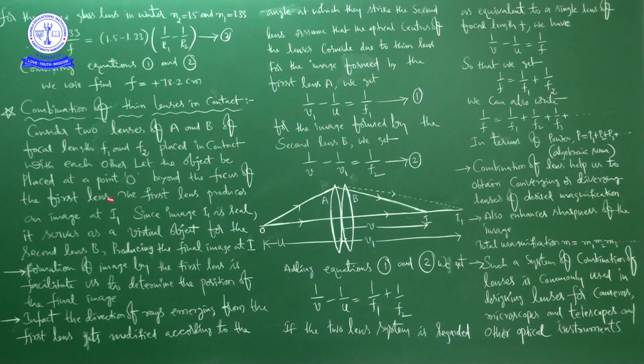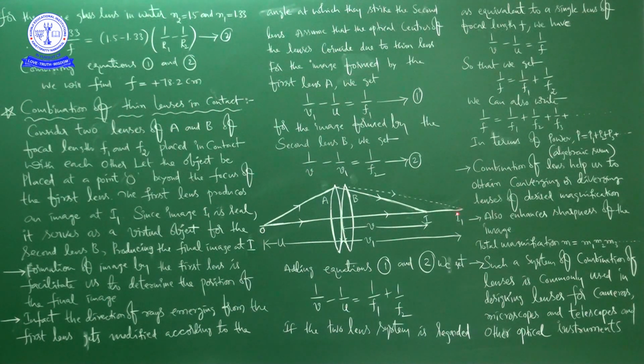Let the object be placed at point O, this is the position of the object, beyond the focus of the first lens, which produces an image at I1.